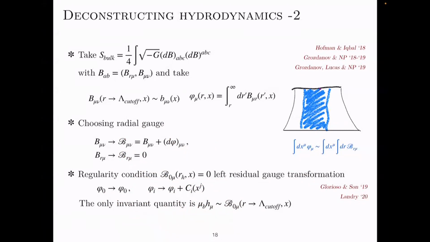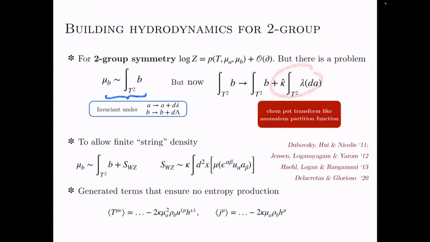So it turns out that this is something that people call a chemical shift symmetry. This is what Glorioso, Son, and Landry used to build the effective action for the higher forms. So you can say that this is a holographic derivation of this chemical shift, if you're familiar with those.